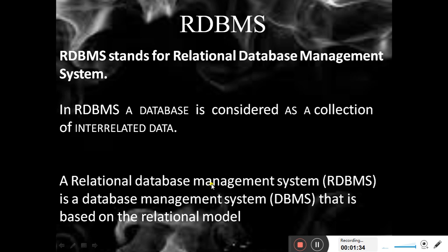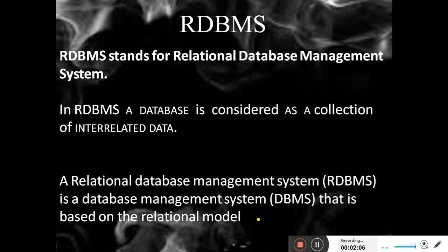A relational database management system, that is RDBMS, is a database management system that is based on the relational model. The relational model we have already discussed in our last lecture. The relational model consists of a table, row, record, tuple, right? These are the components of database management system.